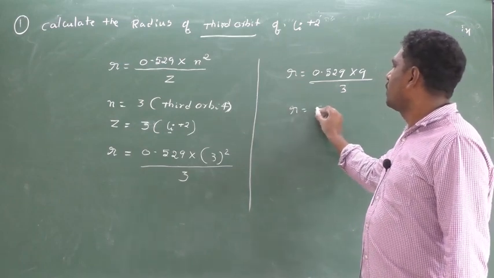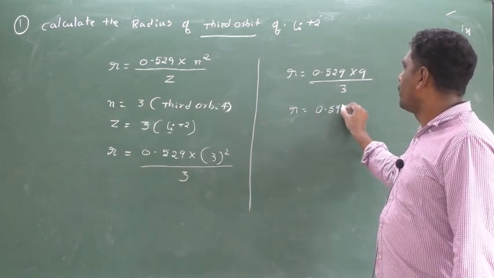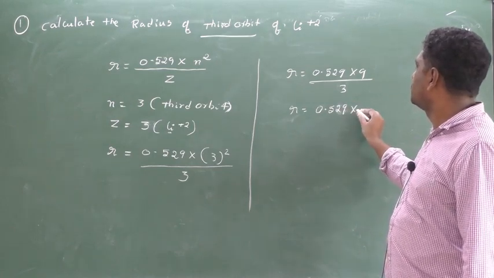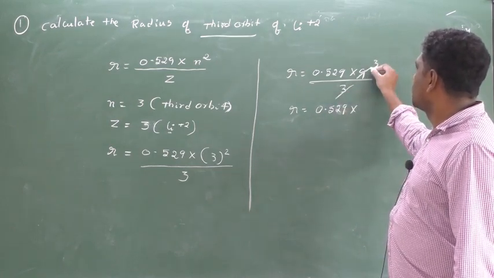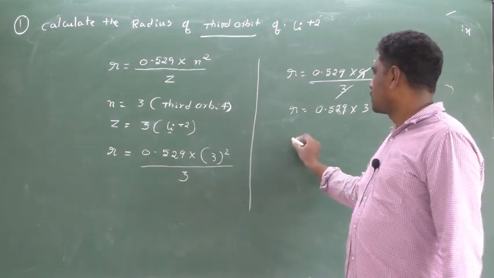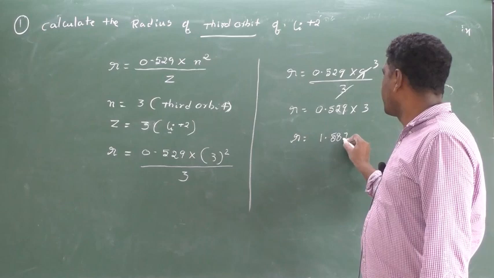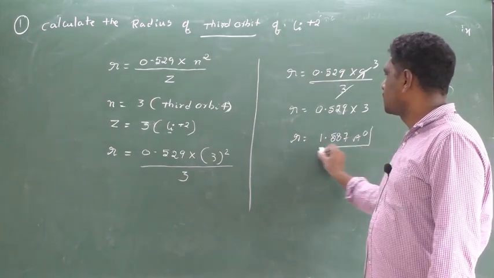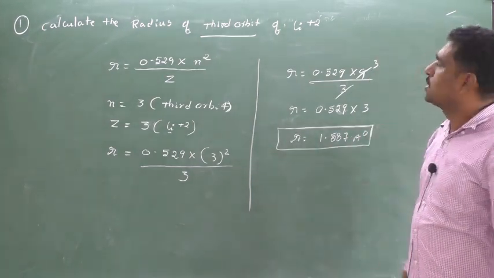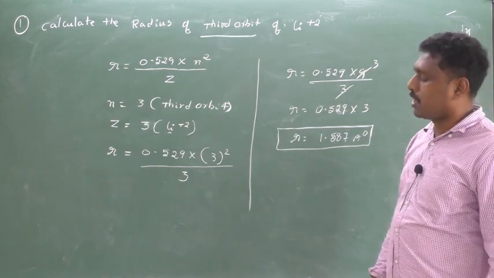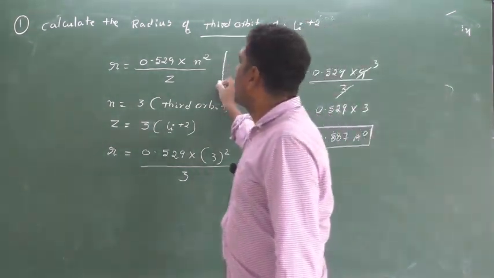So r equal to 0.529 into 3. Therefore r equal to 1.587 angstroms.